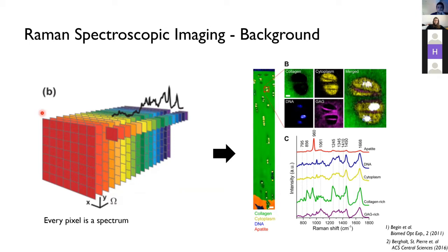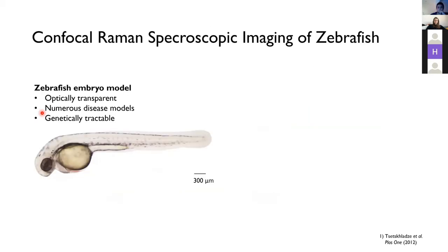Well, mainly zebrafish has some fairly interesting characteristics as a model. So the zebrafish embryo, which you can see here, is optically transparent, which makes it ideal for visualizing biological processes. It also comes with numerous disease models, including cancer and bacterial infection models. There are currently more than 240 different bacterial infection models in the zebrafish.